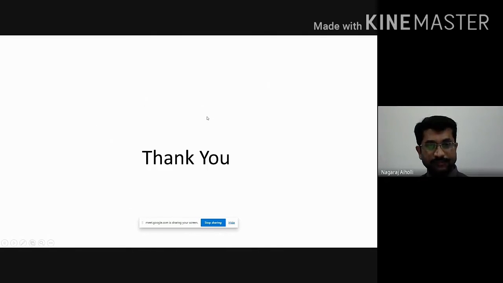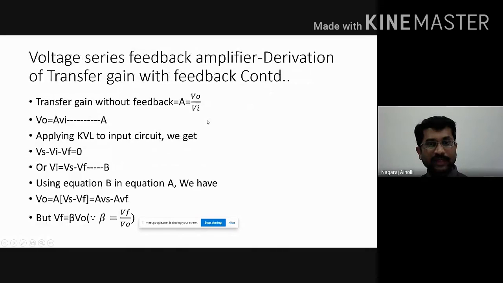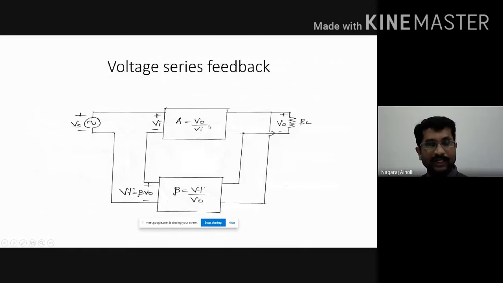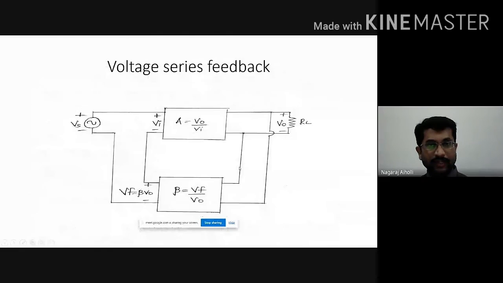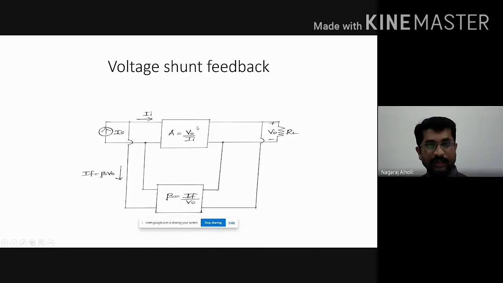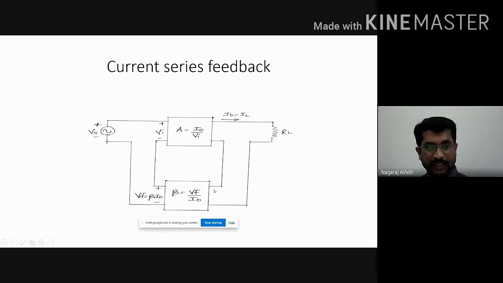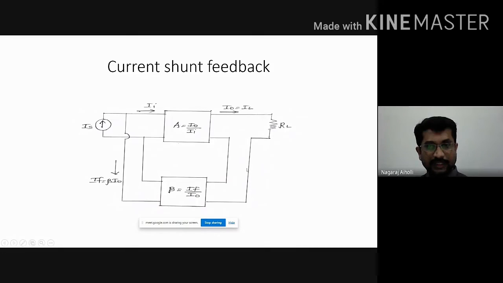In today's class, students, we covered the different feedback connection types, that is voltage series feedback, voltage shunt feedback, current series feedback, and current shunt feedback. These are the different circuits: voltage series feedback amplifier, voltage shunt feedback amplifier, current series feedback amplifier, then current shunt feedback amplifier.